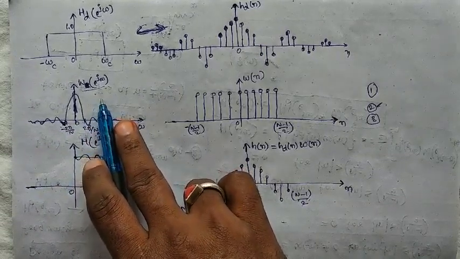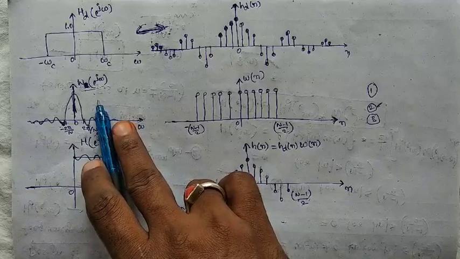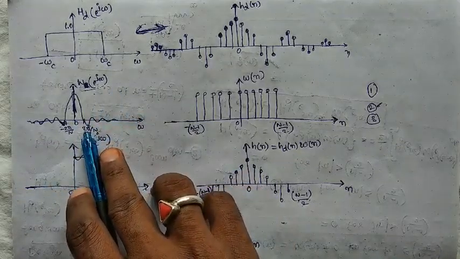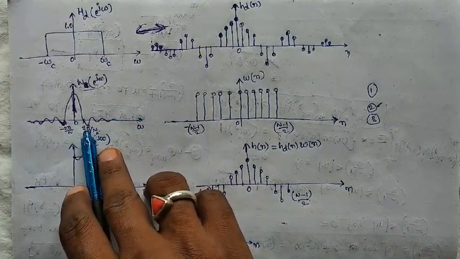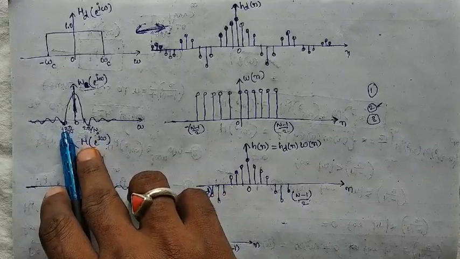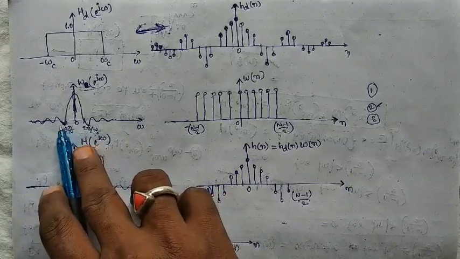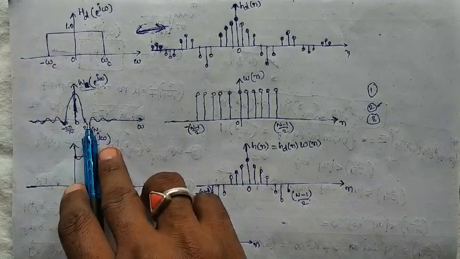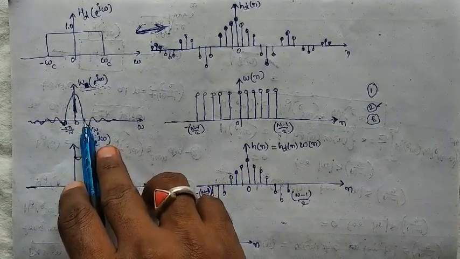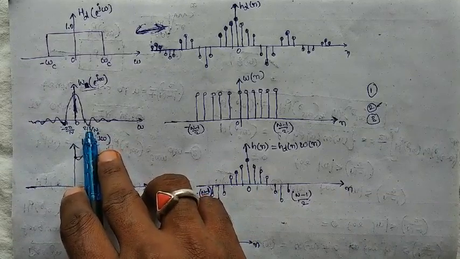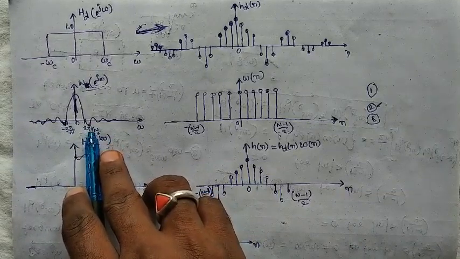The second one is the highest side lobe level. These are the side lobes, and these are the highest side lobes. The height of the highest side lobe level should be small.